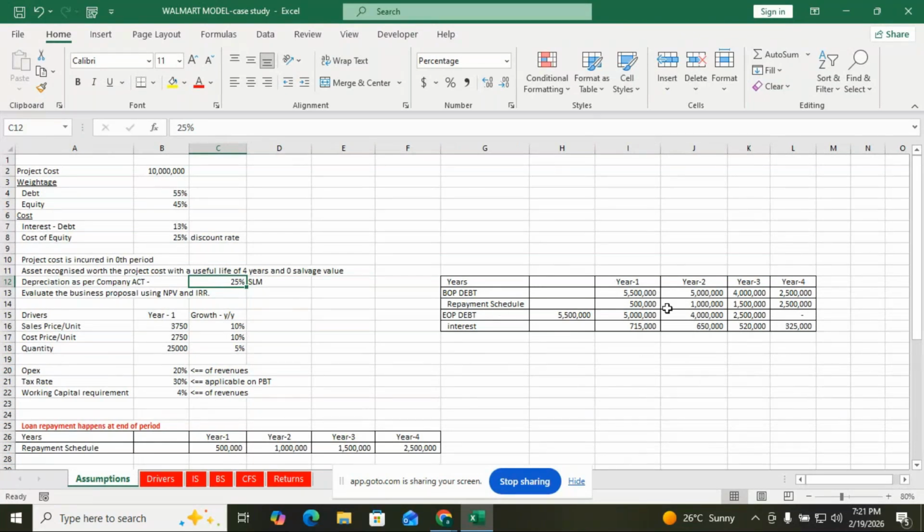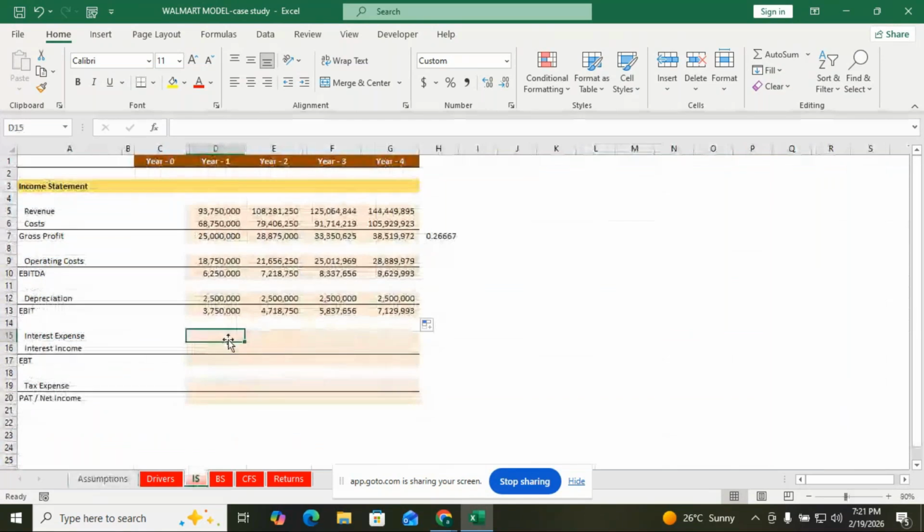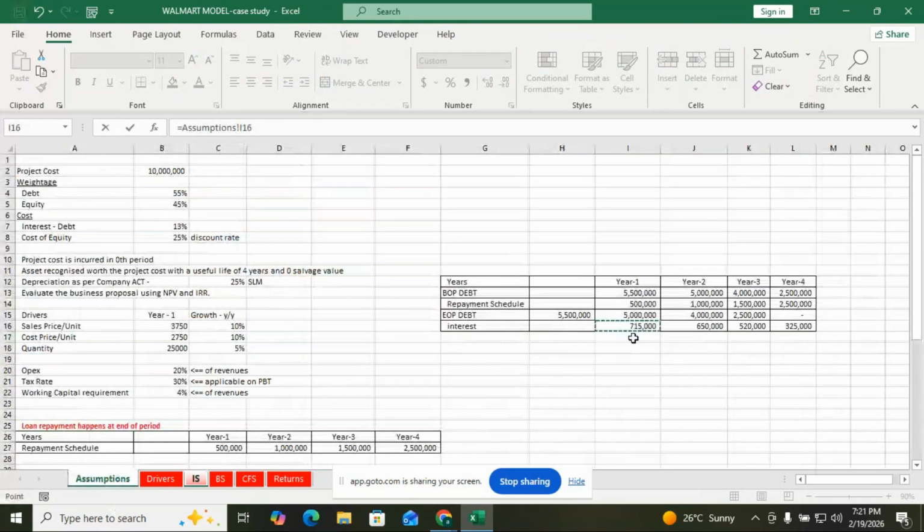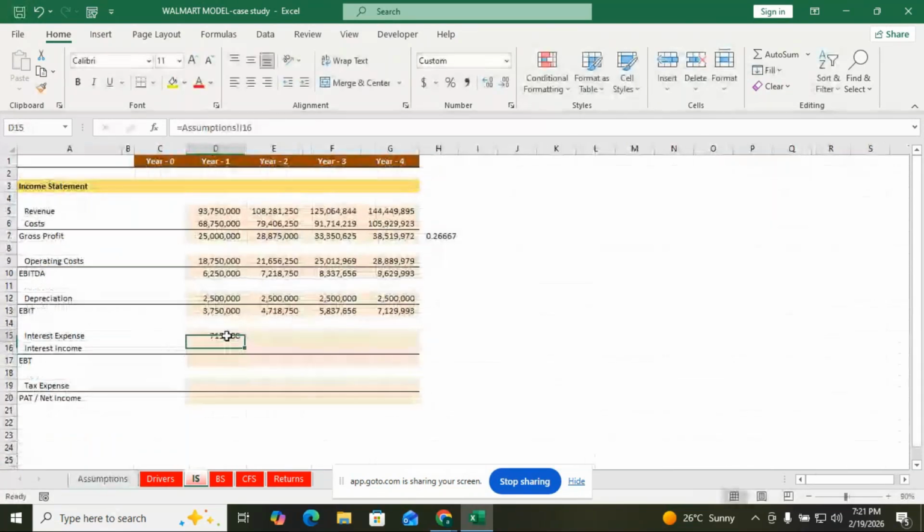So these values you have to add up: for year 1, 7,15,000, for year 2, 6,50,000, for year 3, 5,20,000, and for year 4 it is 3,25,000. These values you have to add up in your income statement. So equals to, just add up. Once you add one, for the rest you can take care.